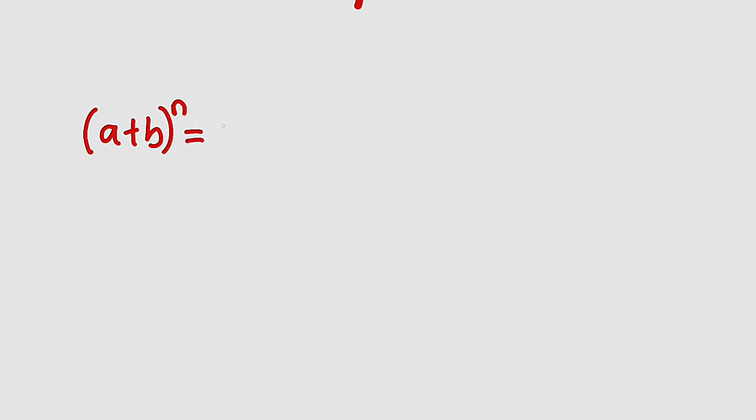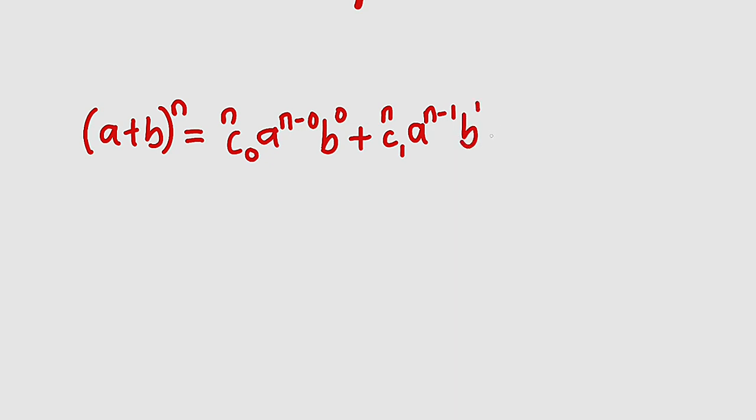It is equal to n combination 0, a raised to the power of n minus 0, b raised to the power of 0, plus n combination 1, a raised to the power of n minus 1, b raised to the power of 1, plus n combination 2, a raised to the power of n minus 2, right? Then b raised to the power of 2.